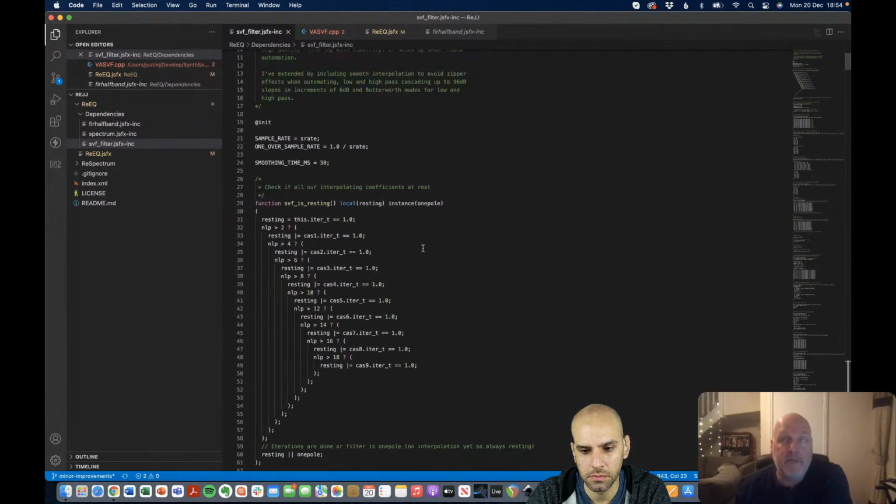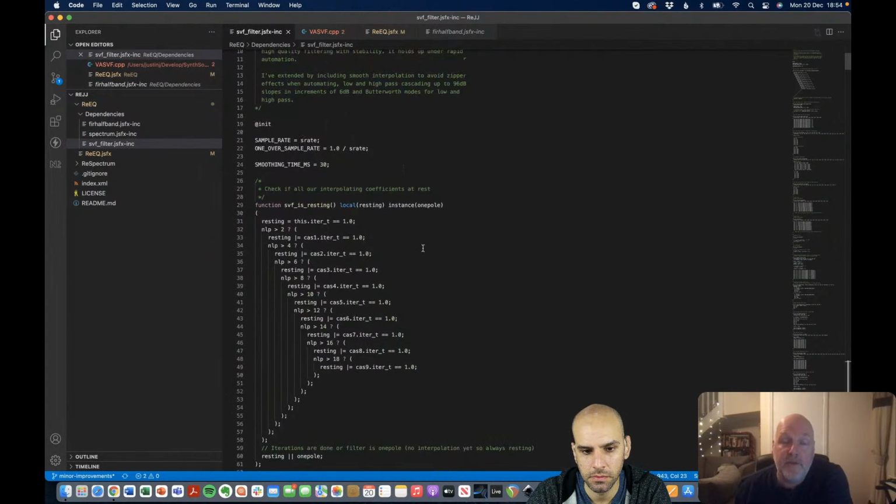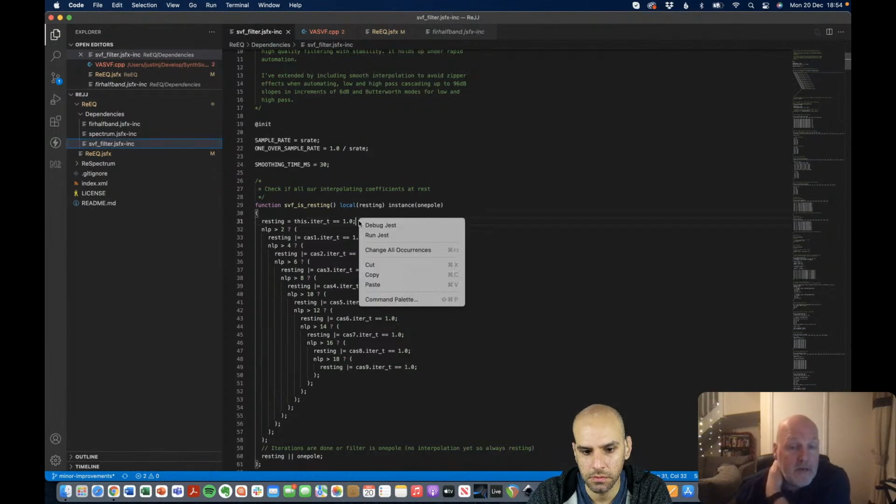For example, one of the other things I'm experimenting with at the moment is analog modeling, ladder filters and so on, Moog style filters. For some of those, you have to oversample because, again, you can come up against numeric instabilities without oversampling. You certainly reach them in analog modeling.